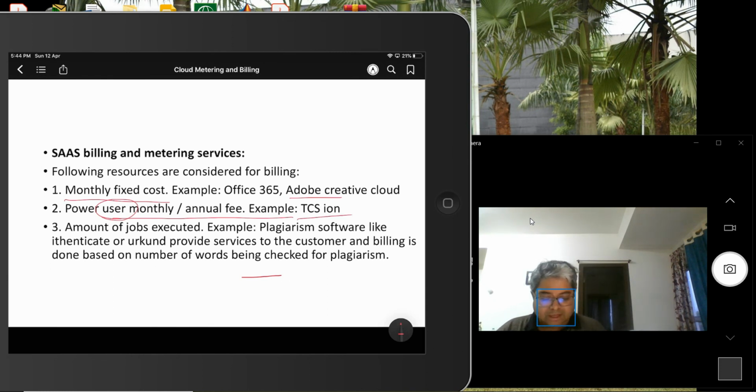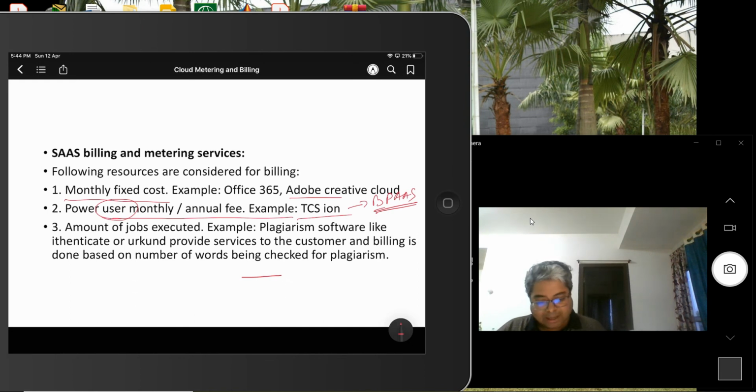Suppose the TCS iON ERP systems, which are customized ERP systems, can sometimes be termed BPaaS, Business Process as a Service. These types of BPaaS services charge on a per user basis, per user license. And some SaaS services charge based on the number of jobs executed, not monthly or annually.